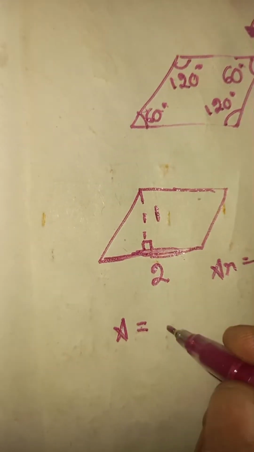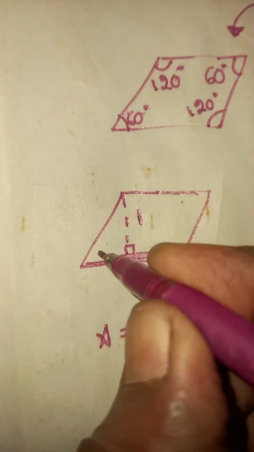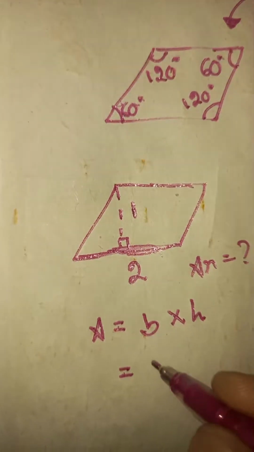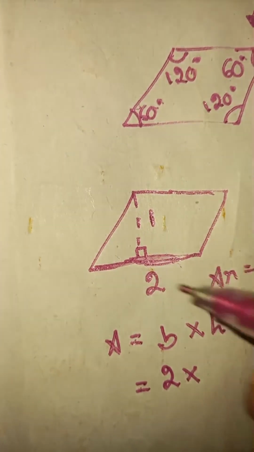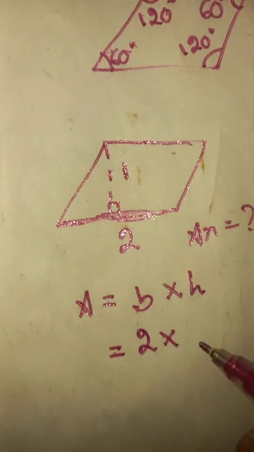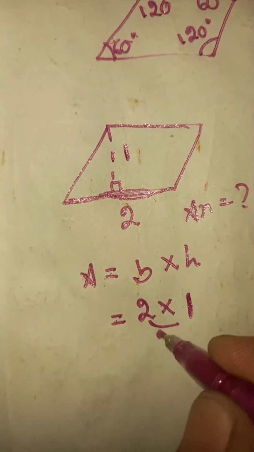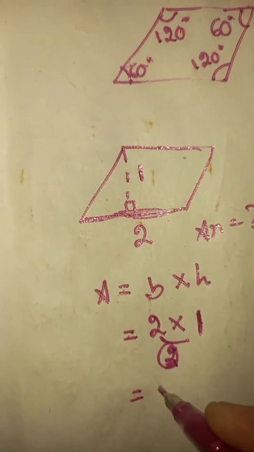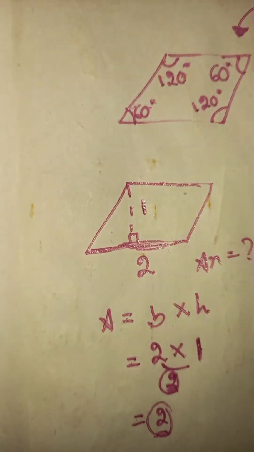Area of a parallelogram can be written as base times perpendicular height. Here this is the base, which is 2 units, times the perpendicular height, 1 unit. 2 times 1 means 2 units, so 2 square units is the area of this parallelogram.